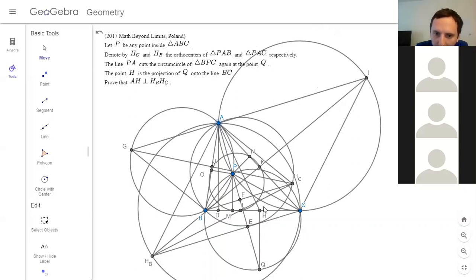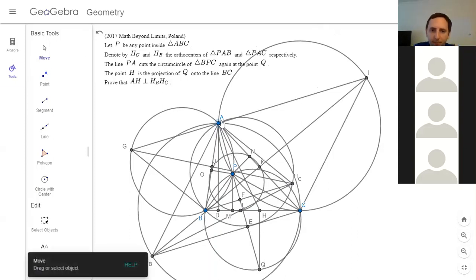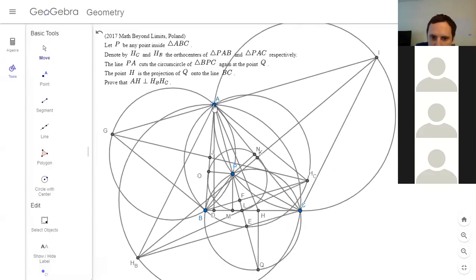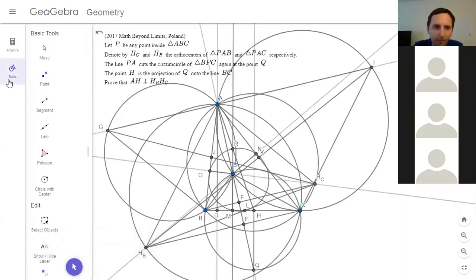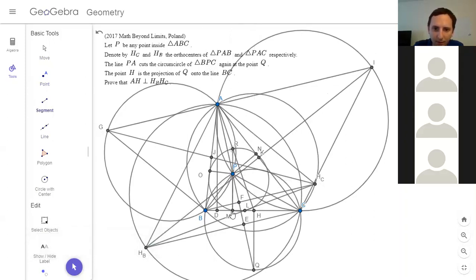So that would mean that AH passes through the antipode of L. So basically that means that if PM and AH intersect on the circle, if we haven't proved, is that true?